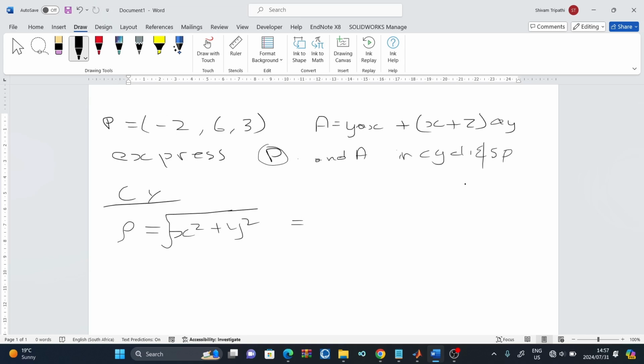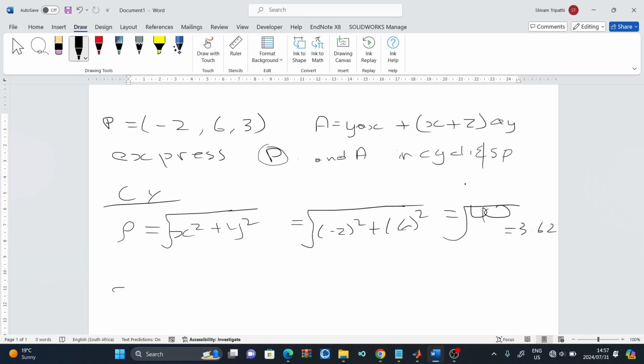Sorry, I'm mixing up the symbols. You substitute the x and the y value for P, which is minus 2 squared plus 6 squared, which will give you the square root of 40, which you can simplify yourself, then I think it gives you 3.62 and so on.